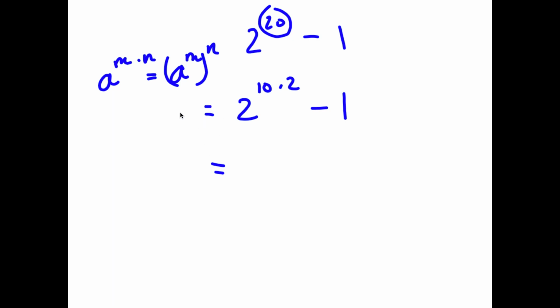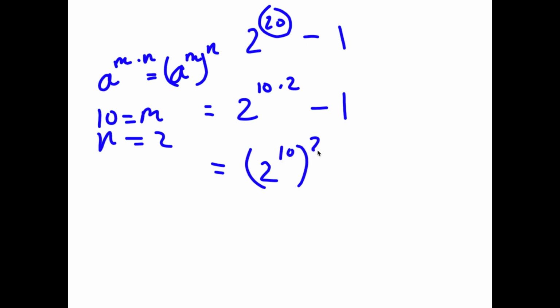So 2 to the power of 10 times 2, we can think of 10 as m here and 2 as n. It's going to equal 2 to the power of m, which is 10, to the power of n, which is 2, minus 1.